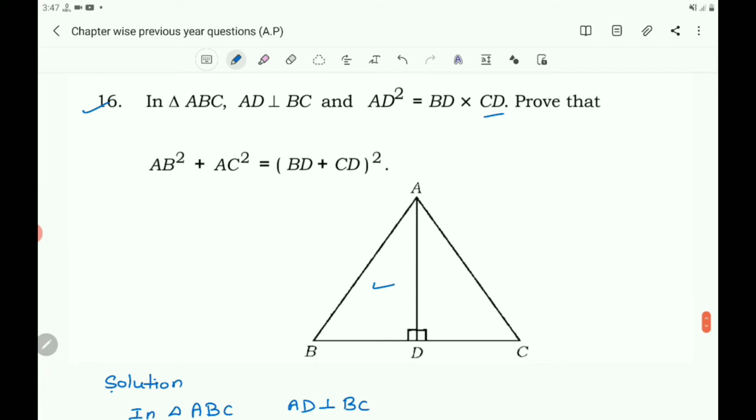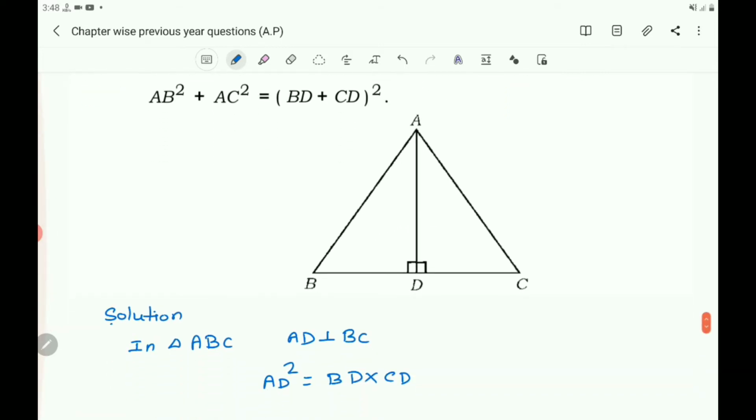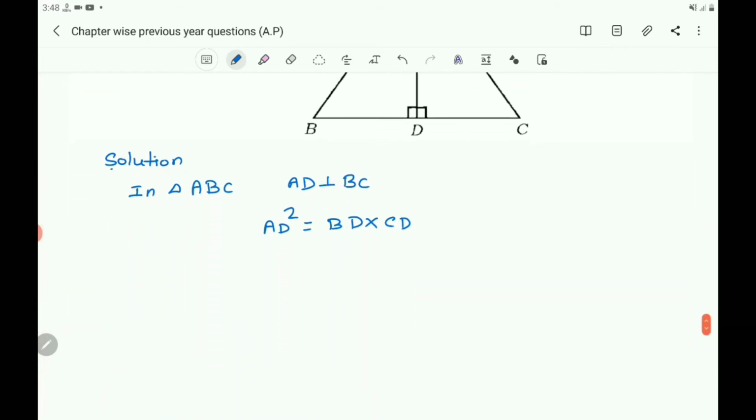Then here there are two right angle triangles. One is triangle ADB and other one is triangle ADC. As AD is perpendicular to BC, these two are right angle triangles and apply the Pythagoras theorem. So take in the right angle triangle ADB, apply the Pythagoras theorem.